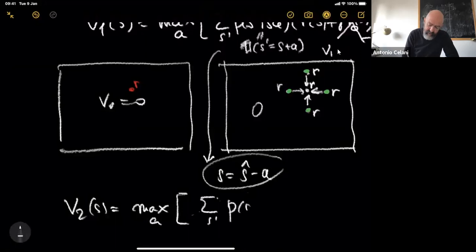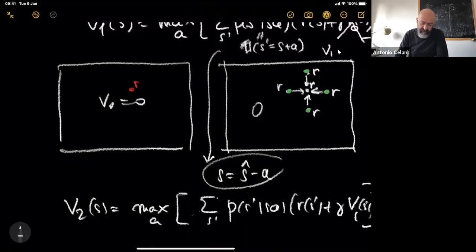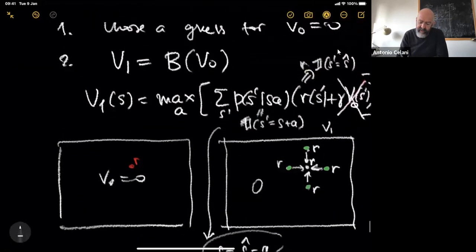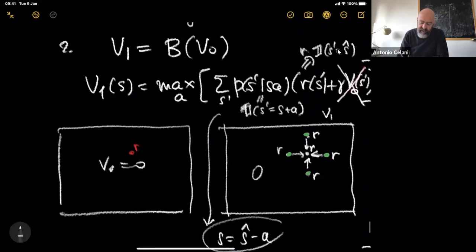So we are repeating the same argument as before, but now there is V1 here. And the consequence is that now we have to look at all points from which we could have reached R. This propagates back, in the sense that it could have come from here, it could have come from here, it could have come from here, it could have come from here.